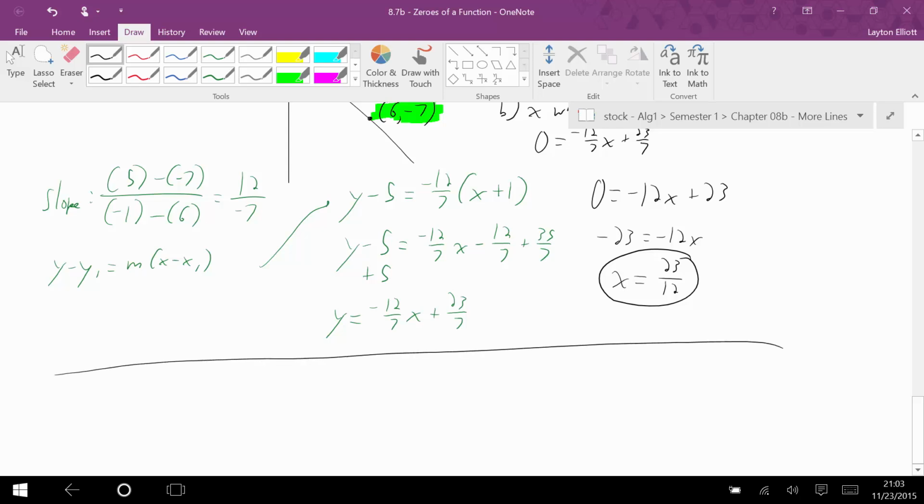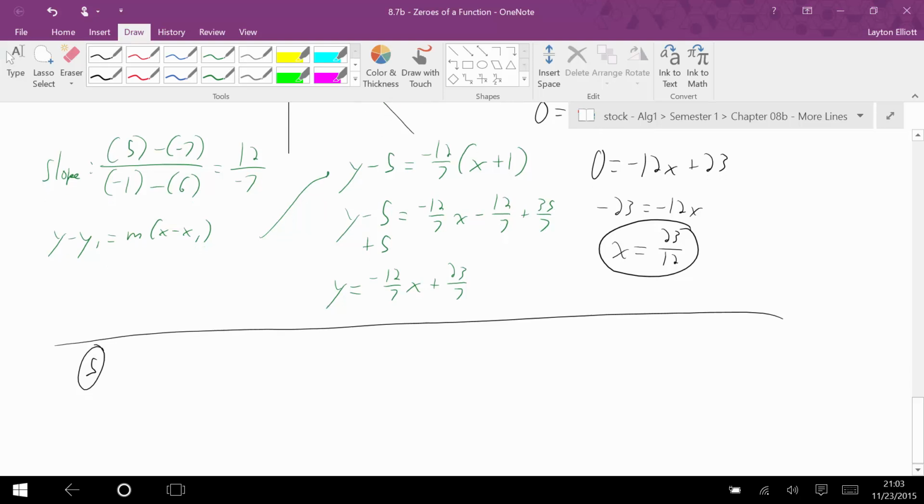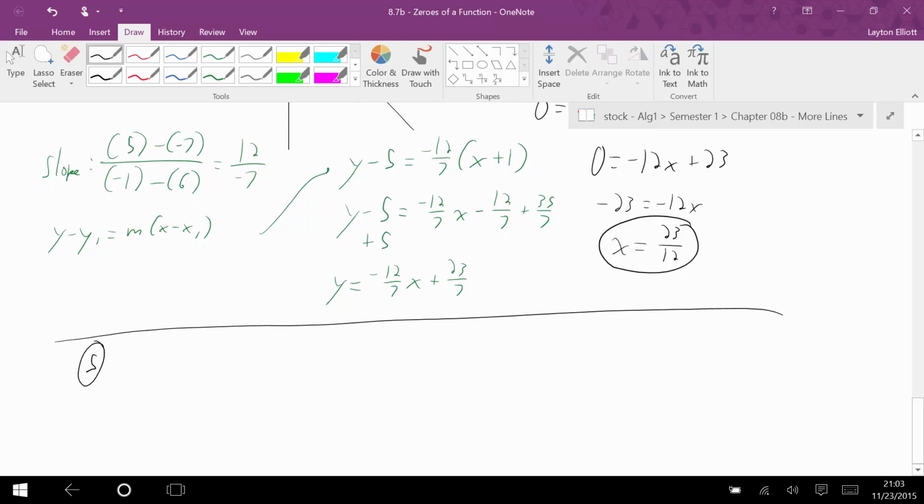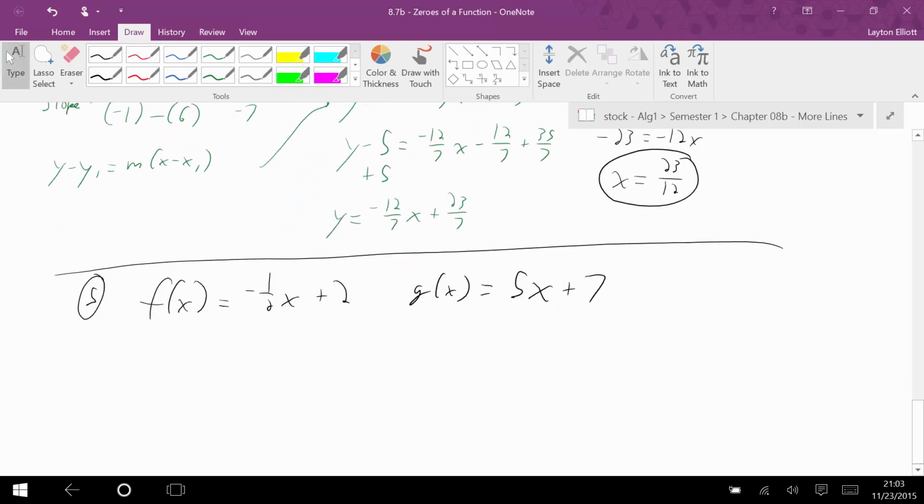Okay. Lastly, just to do a little bit of a review from yesterday, or the last lesson, I guess it wasn't yesterday for many of you. Let's say that I have f of x is equal to negative 1/2 x plus 2, and g of x is equal to 5x plus 7. We're going to do a couple of these little problems, and we'll call it a day.